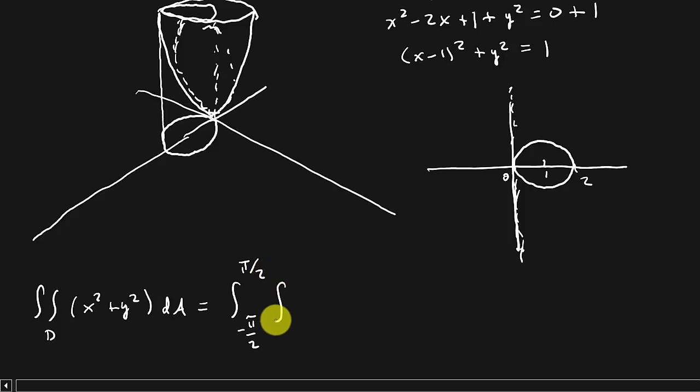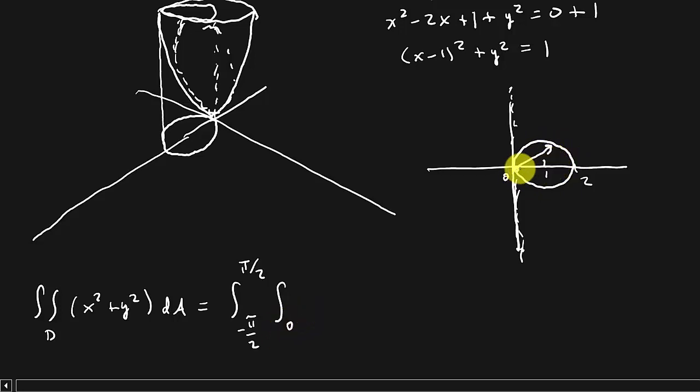Now, I need the bounds on r. And so obviously you can see we're going from here to here. You see how, as theta's going around, that radius is changing, isn't it? It's changing to whatever this is. Well, what's the equation of that circle? That's what we need.